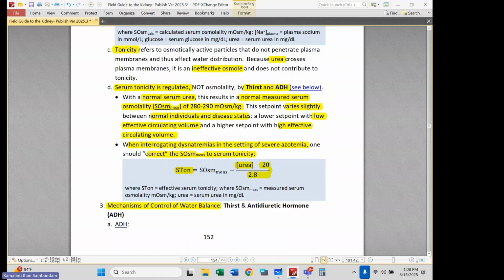If you assume that a normal urea is somewhere around 20, then let's correct for whatever excess urea you have, and sort of give ourselves a tonicity from that. Let's correct for this azotemia by subtracting 20 and dividing by 2.8, and giving an effective tonicity.